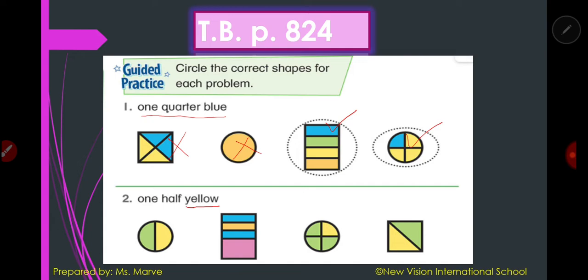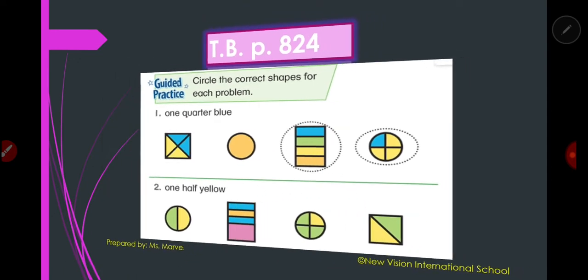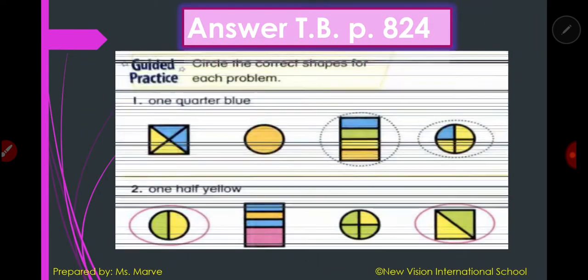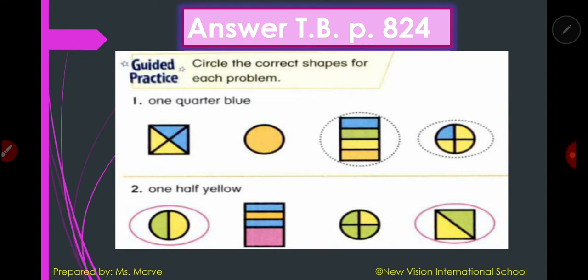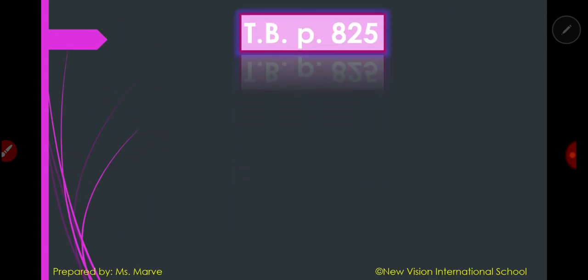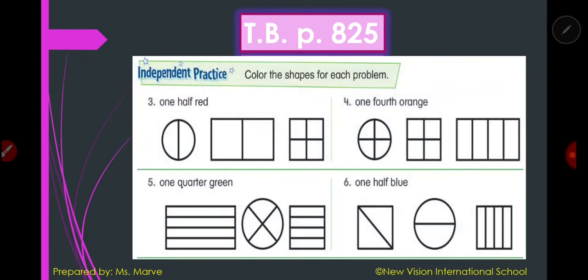Okay. Then circle the correct shapes. So start now and then later we will check your answers. Very good. Okay, here's your answer. This is the correct one. Okay, you can pause the video and write the answer correctly.